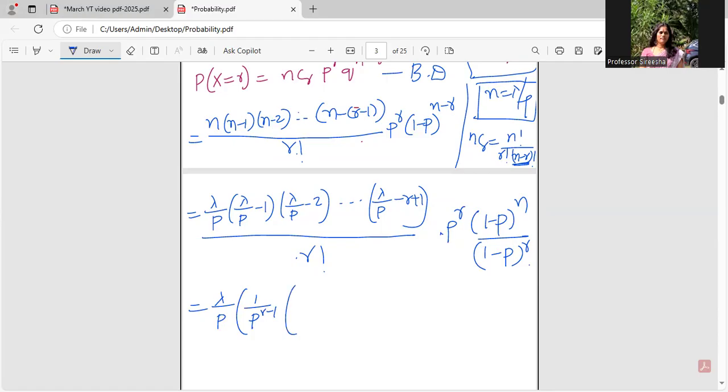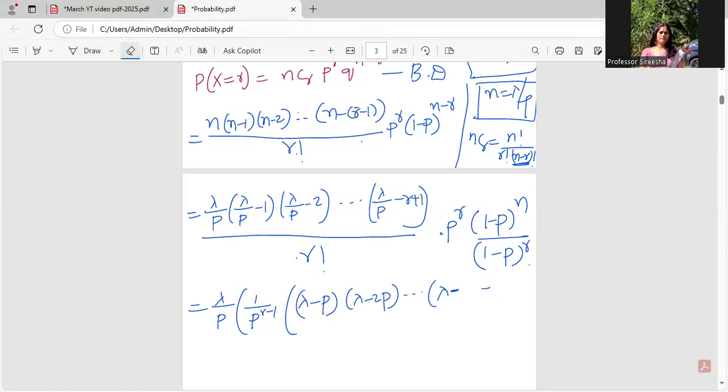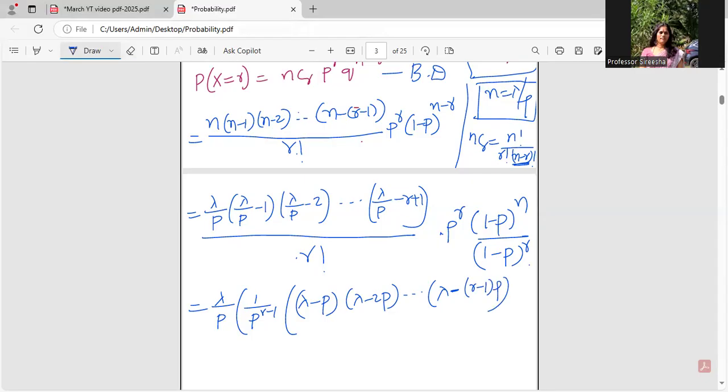Taking the LCM, I'll have lambda minus p into lambda minus 2p, till lambda minus (r minus 1) into p. Then p into p power r minus 1 will give me p power r only.